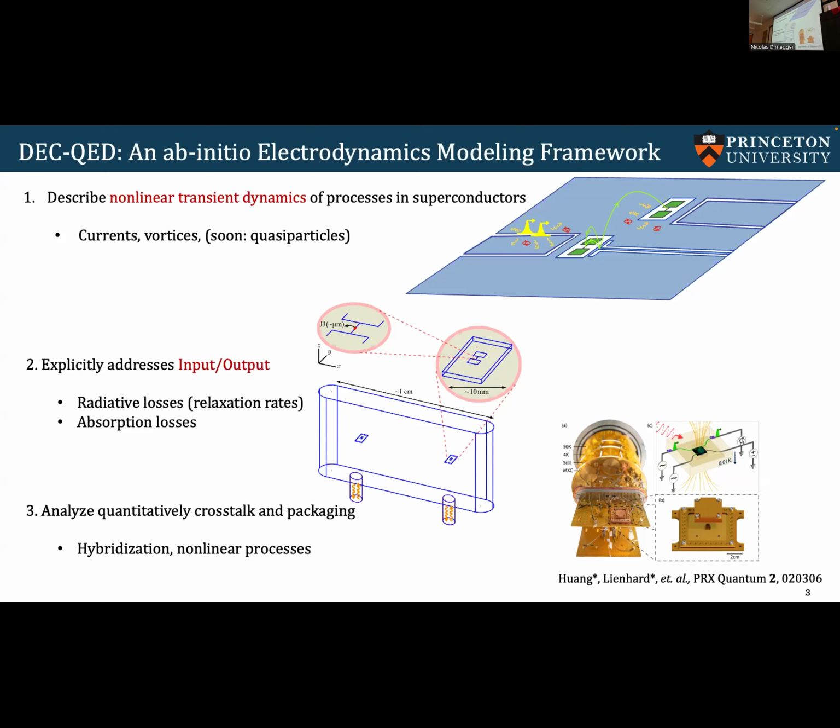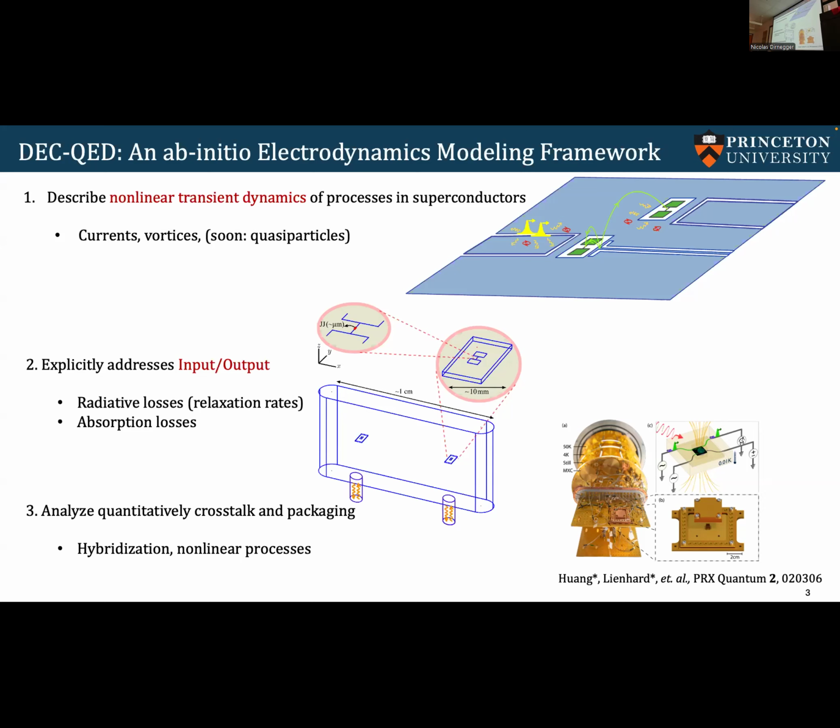They require us to go beyond the typical linear London boundary conditions or the perfect conducting boundary condition in standard E&M modeling, because those only capture the linear responses of the superconductor.